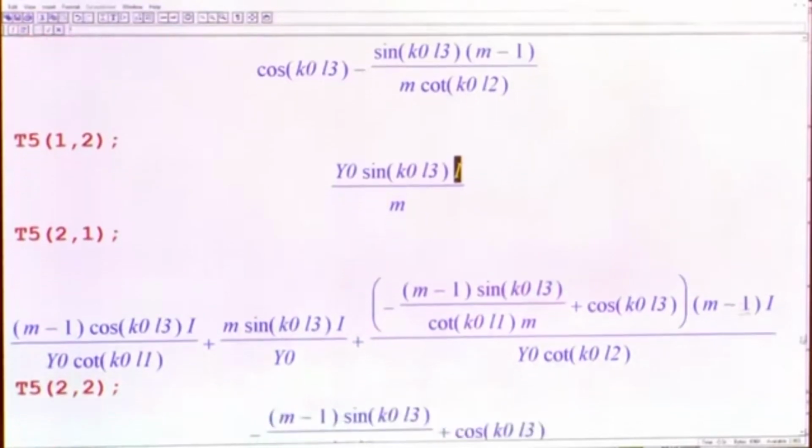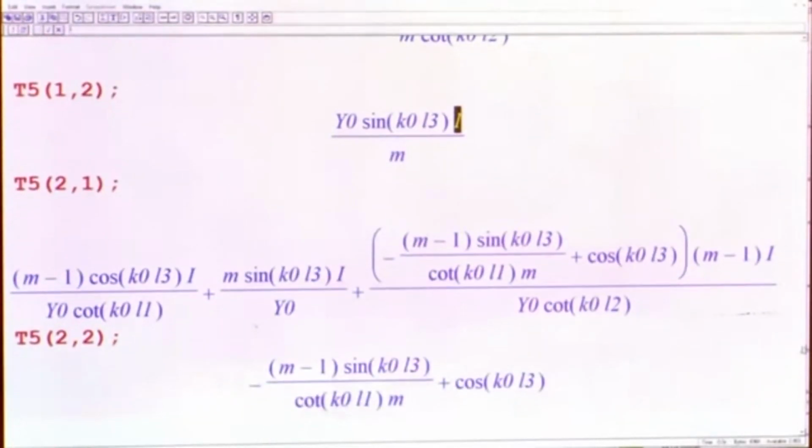T5 2 1 or T21 has a contribution of Y naught in the denominator, and in the transmission loss expression it is multiplied by Y naught. So, this term will eventually cancel out, and T22 probably will not have such a problem. So, basically the idea is just a summation of these expressions in the transmission loss.